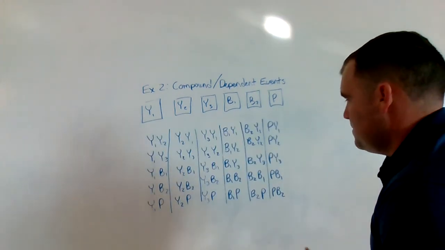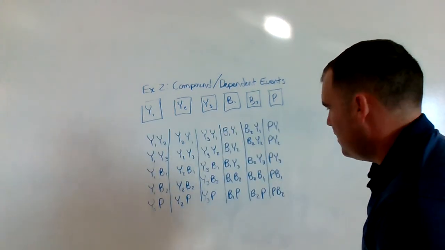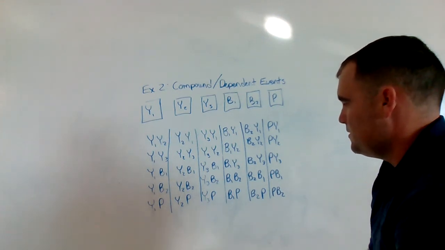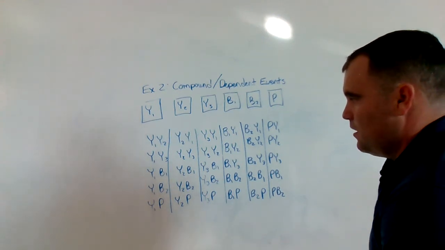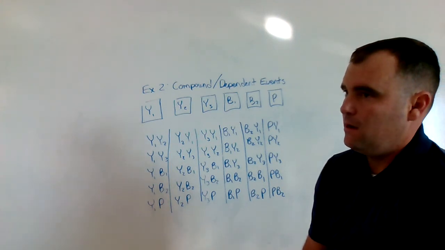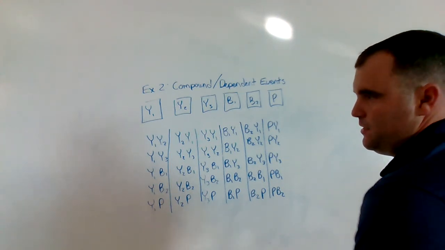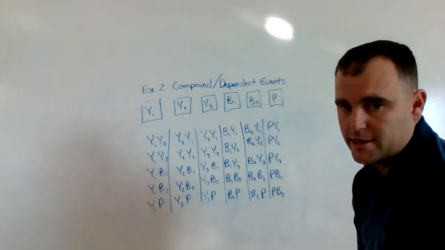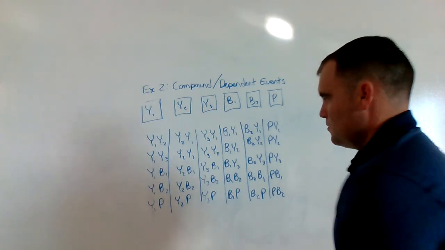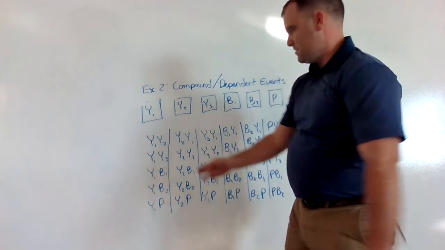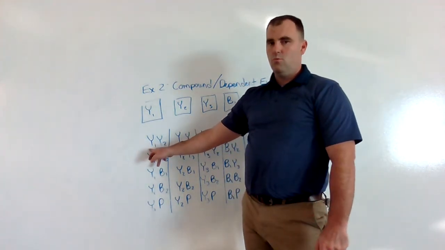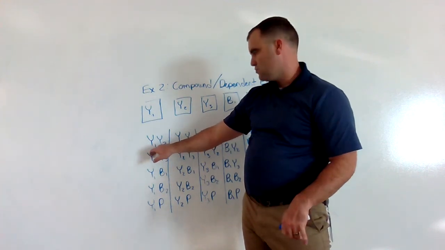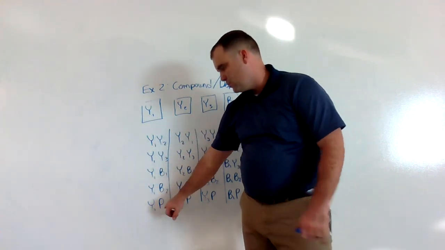All right, maybe you came up with something like this. Maybe it looked different, but you should have come up with 30 different possibilities. Again, once we take away the first card, we're not putting it back into our hand to be drawn again. So basically, if yellow 1 is drawn, you can secondly draw yellow 2, yellow 3, blue 1, blue 2, or purple.